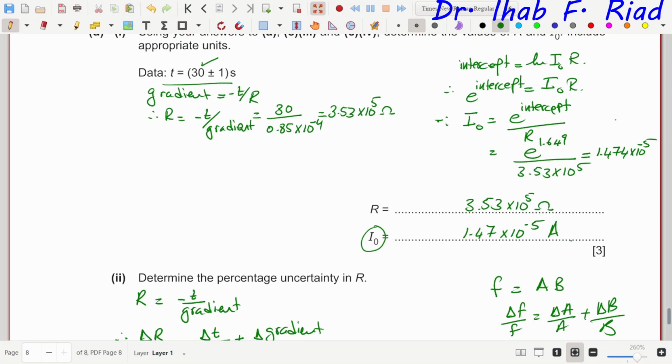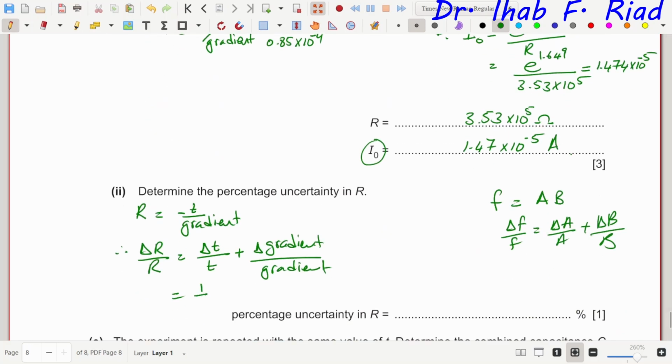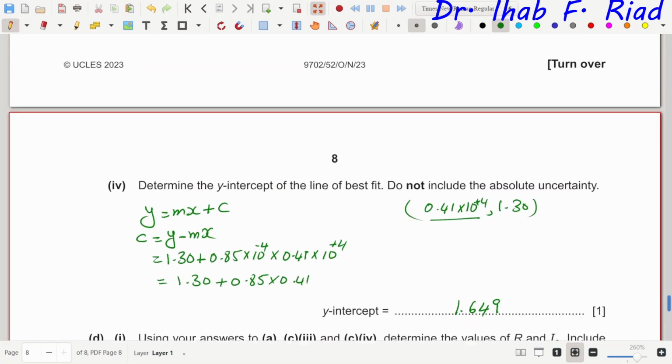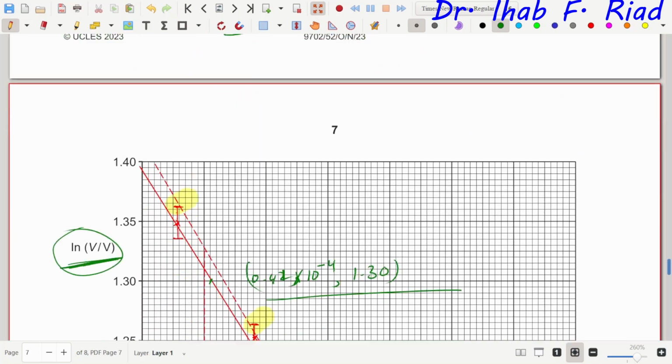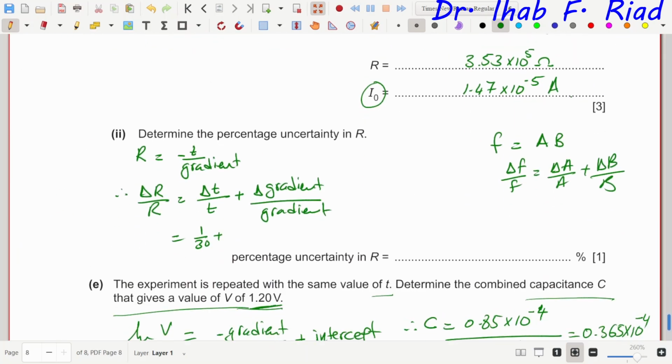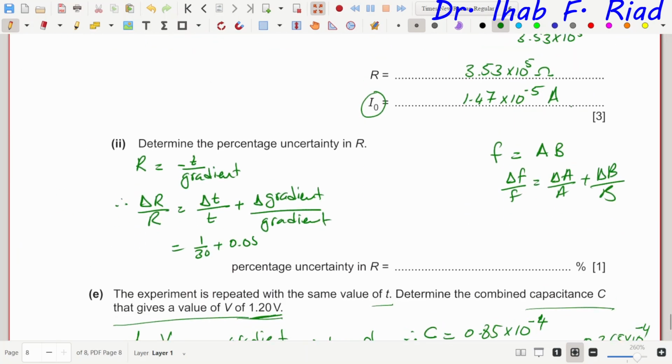So we have delta T divided by T. For delta T, we have 1 second, and T is 30. So we have 1 over 30. For the gradient, we already know that it is 0.05 divided by 0.85. Then we multiply by 100 since we are asking for the percentage uncertainty.